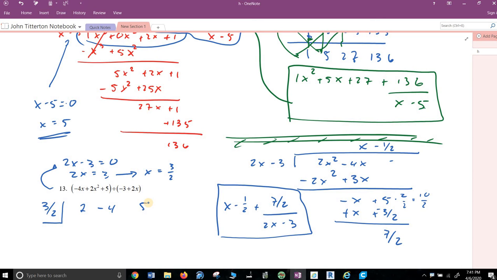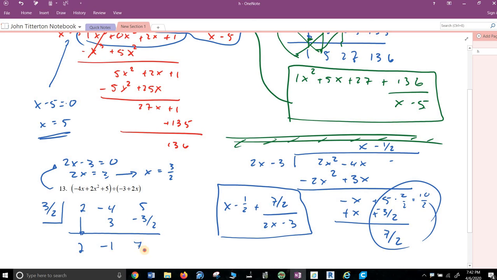Alright, looks good. So we're going to get a different answer here, and that's why I don't recommend doing it this way. Bring the 2 down, multiply, we get 3, add down, multiply, we get -3/2. Hey, we just did that over here, we get 7/2.